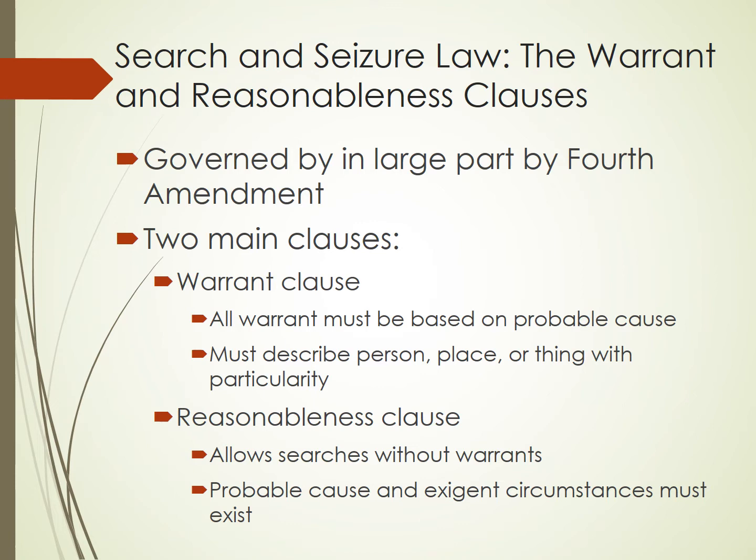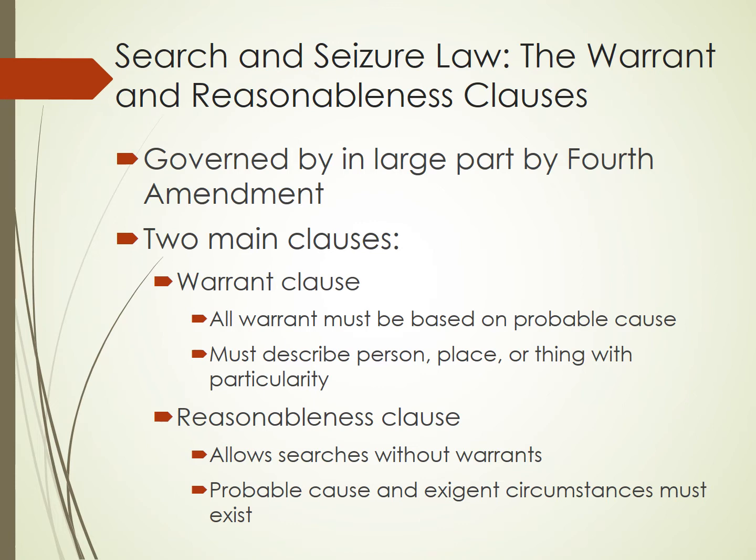The reasonableness clause allows searches without warrants in very narrow circumstances when you can demonstrate both probable cause and exigent circumstances. So there's some great threat to an individual's life or liberty or property that makes it unreasonable to go get a warrant.